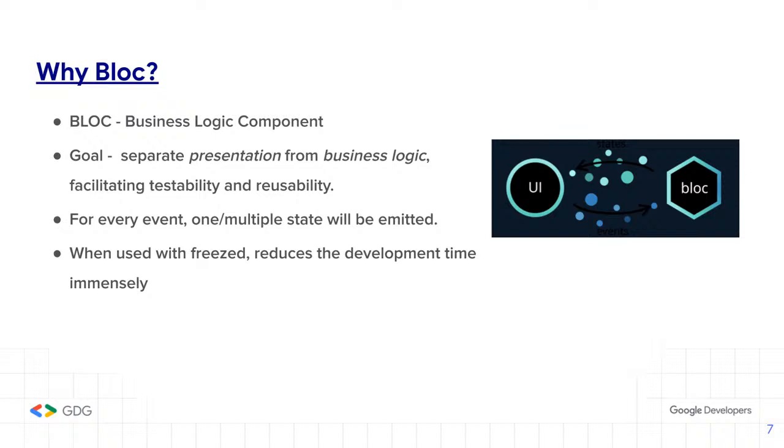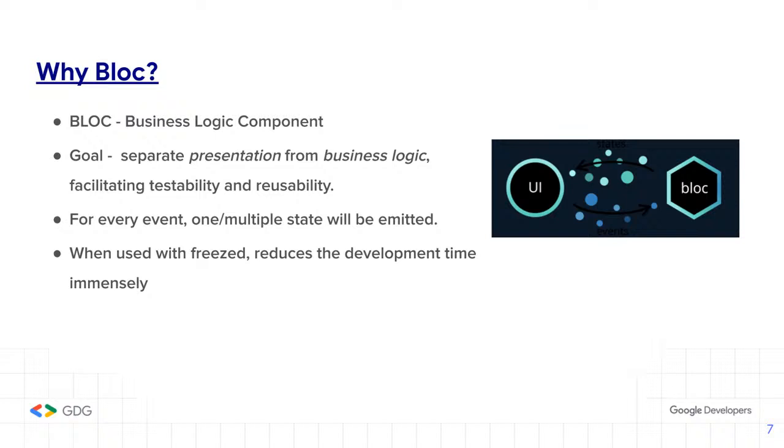The way Bloc works is, for every event there are going to be one or multiple states. Now, what are events and states? Let's go back to the example of the login screen. Like I said, there are going to be two text form fields and one button, one text form field for email and one for password. Now an event is like, when I update the email, I'm going to call an email changed event.